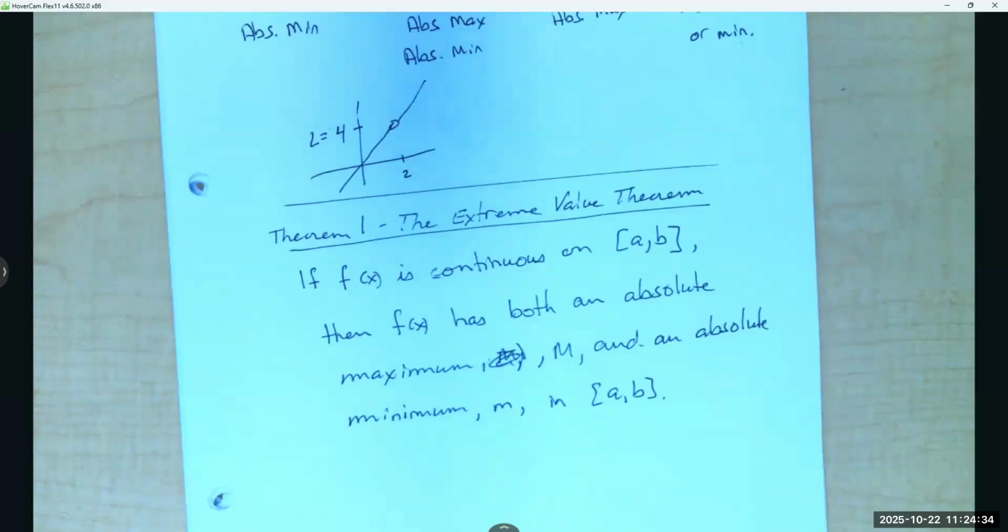This is the first part. If f is continuous on a closed interval AB, then f of x, the function itself, has both an absolute maximum and an absolute minimum in that interval.